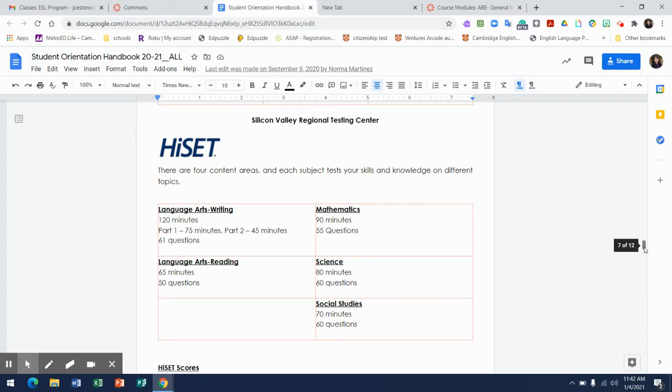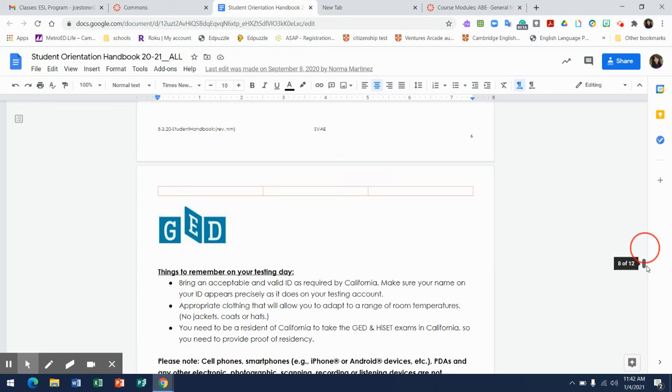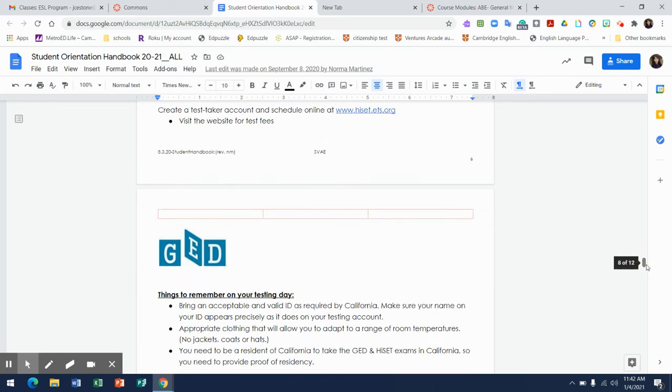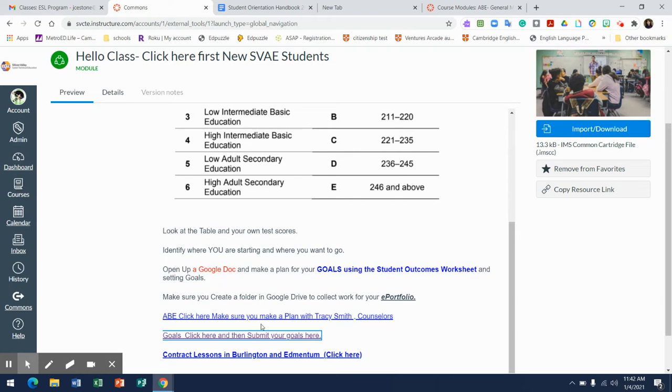Okay, and there should be a timeline, and the teacher should be aware of that as well as their counselor. And then we would put this in their e-portfolio. Really, really important. And it walks them through the Burlington and Edmentum plan and contracts. Okay, really, really important to understanding this welcoming unit.